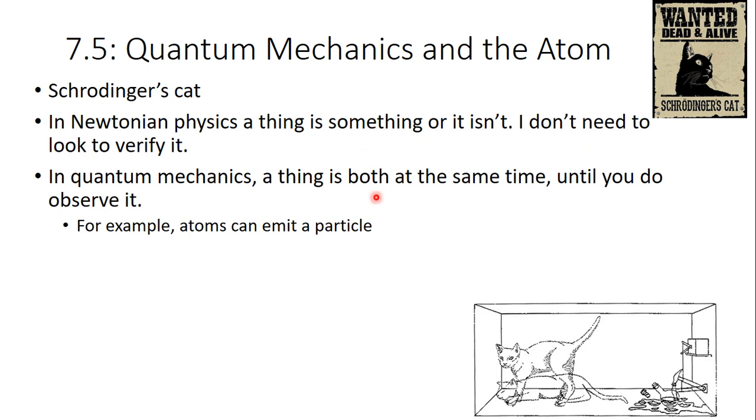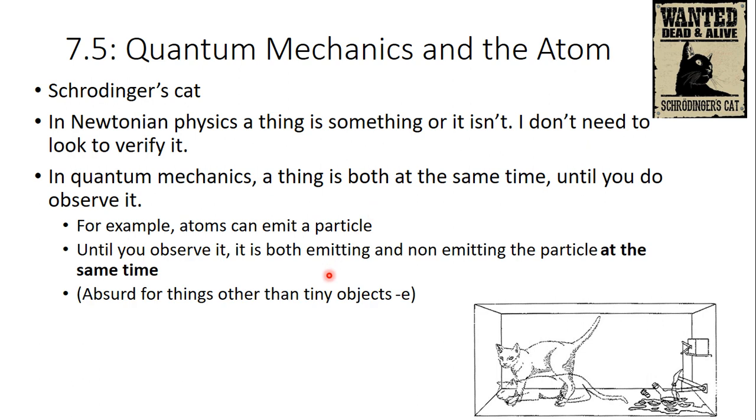The way that Schrödinger first talked about that is that atoms can emit particles, and until you look at the atom, it is emitting and not emitting the particle at the same time. And quantum mechanics is crazy when you're dealing with stuff that is as small as an electron.